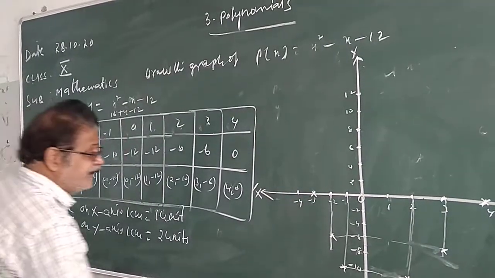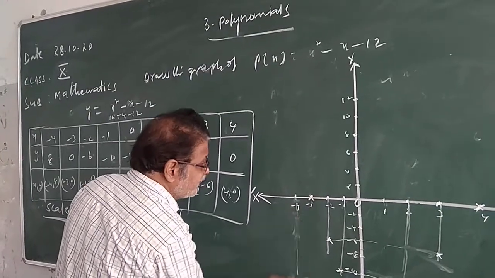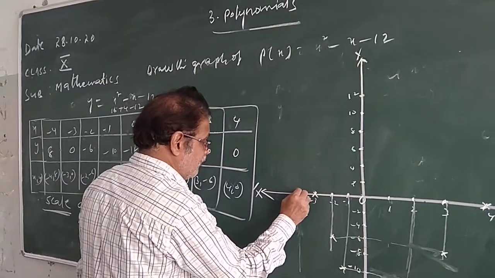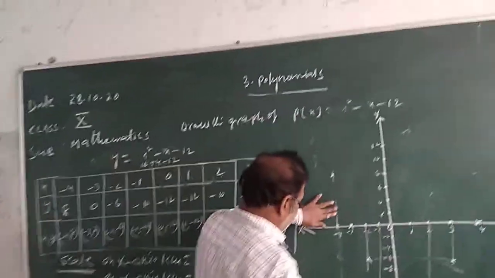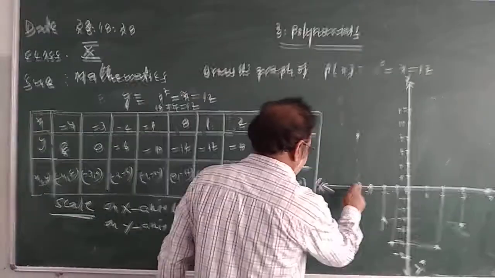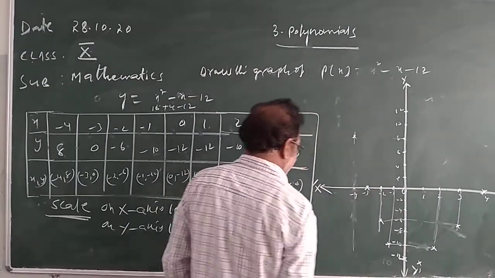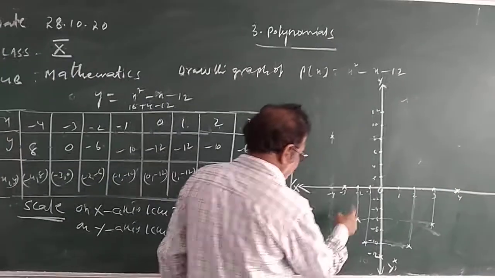X minus 4, y 8, a positive value. Then X minus 3, 0.